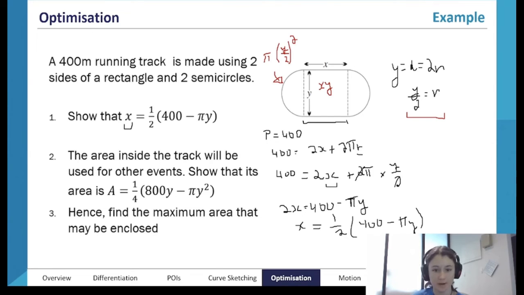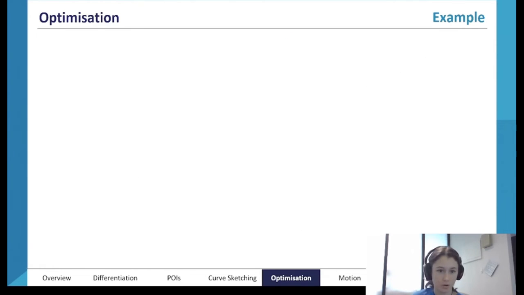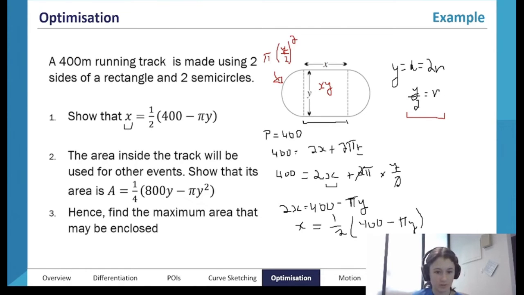So that means that our area, I'm just going to write this on the next slide, is going to be equal to xy plus pi (y over 2) squared. And now the format that it wants us to get it in is we have 1/4 out the front, and then we have a y squared in here.